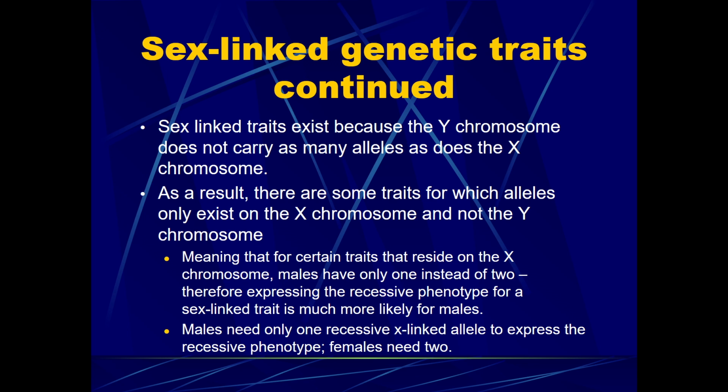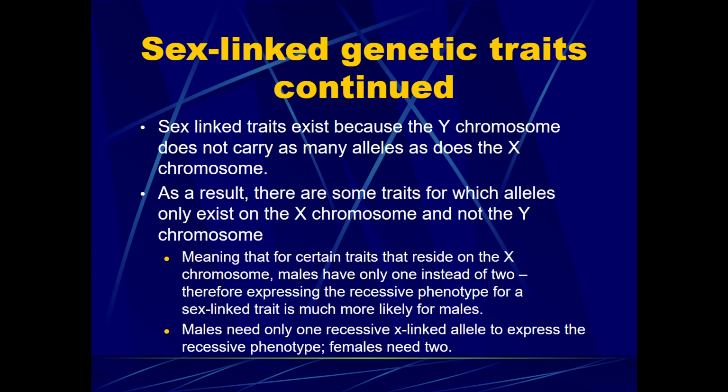Sex-linked genetic traits exist because the Y chromosome does not carry as many alleles as the X chromosome does. The result is that some traits for which alleles only exist on the X chromosome and not on the Y chromosome can produce certain inheritance patterns.